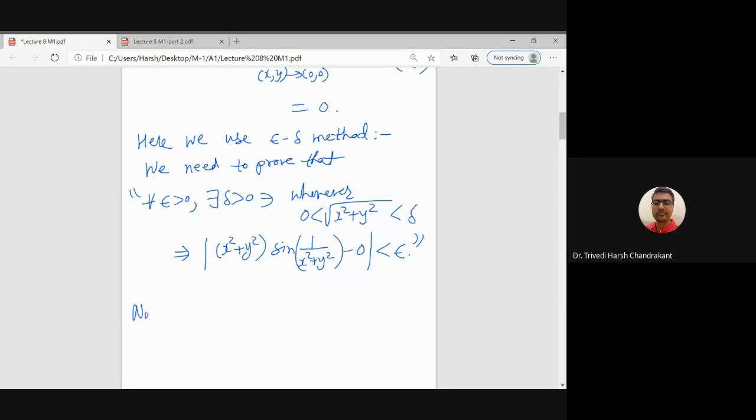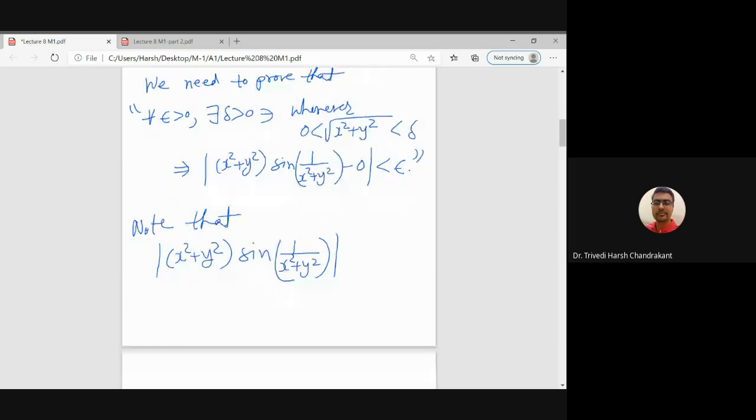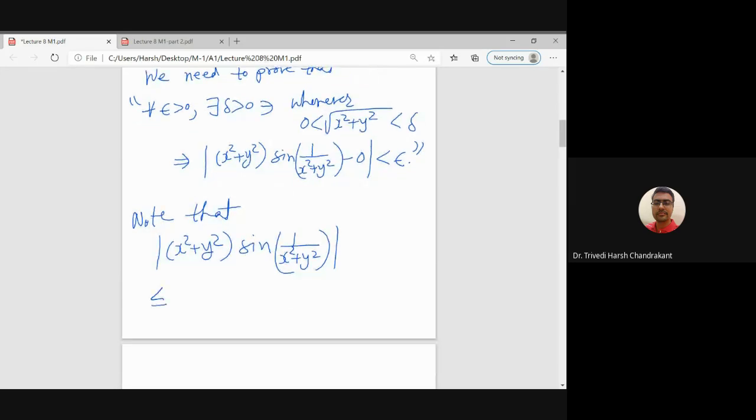So note that the modulus of (x square plus y square) times sine of 1 upon (x square plus y square). As we know, the sine function takes values between minus 1 and 1. So therefore the modulus of sine will be less than or equal to 1.